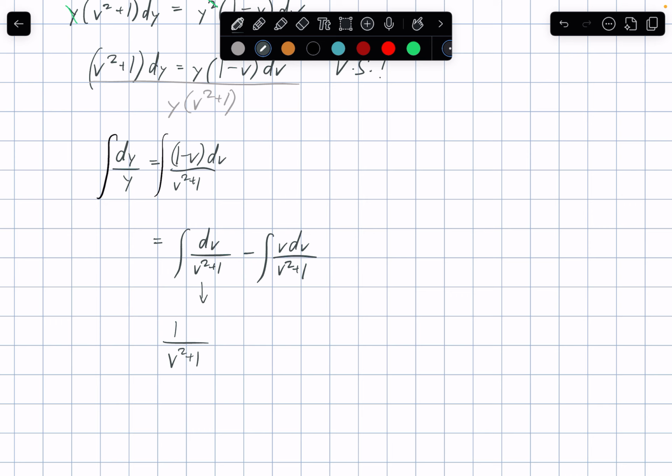But then, no, I don't think we can do partial fraction here. How do we do this? Let's try u substitution. Although I think this cannot work either. Yeah, this is not valid.